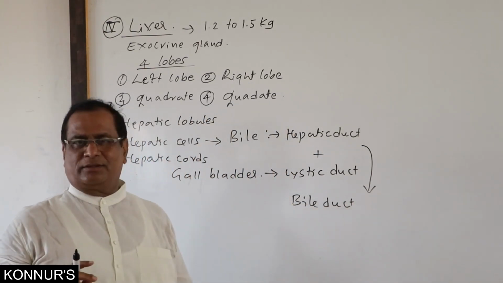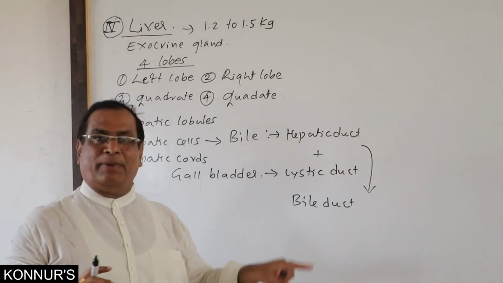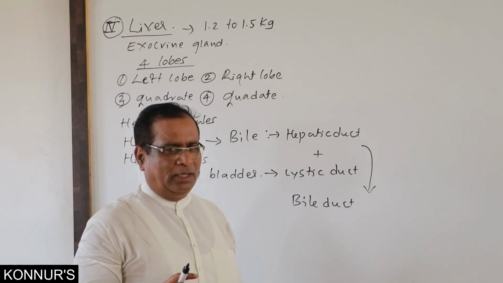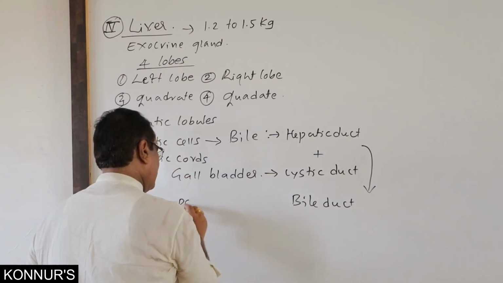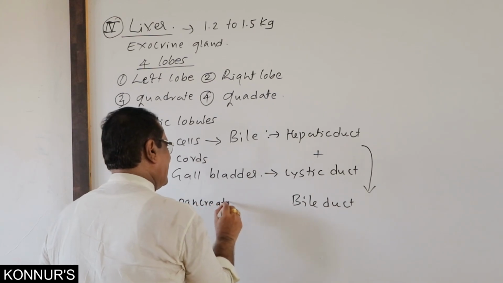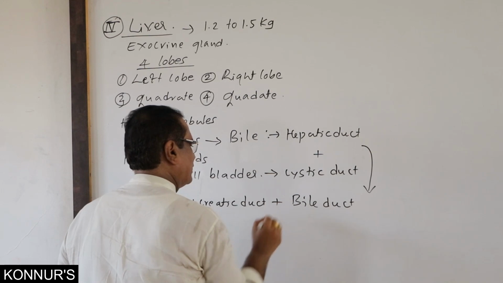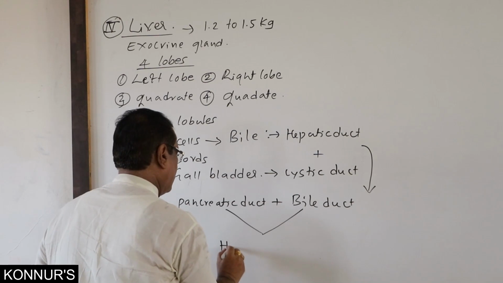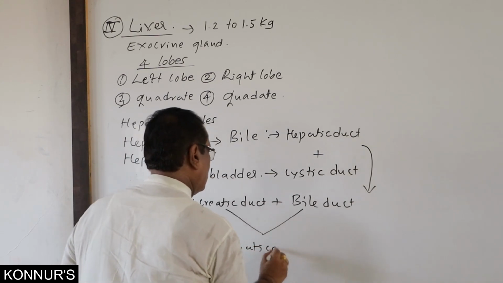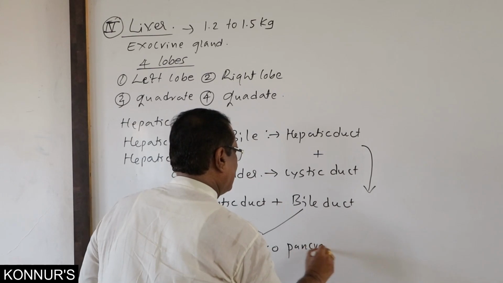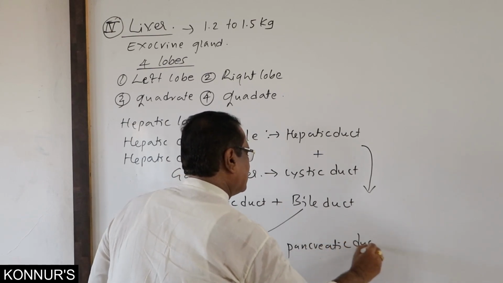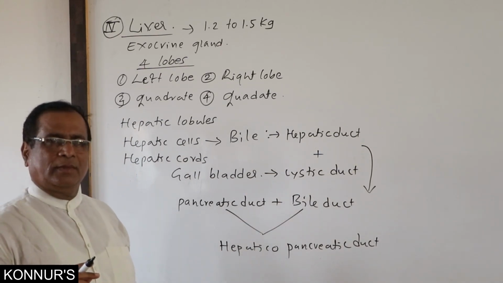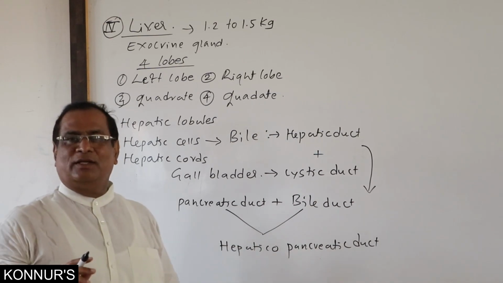And this bile duct carries bile before it opens into the duodenum. It joins the pancreatic duct. Together they form the hepatico-pancreatic duct, and it opens into the duodenum.